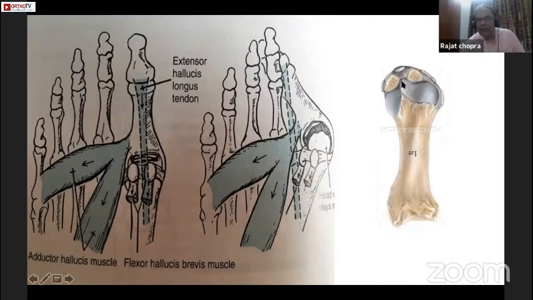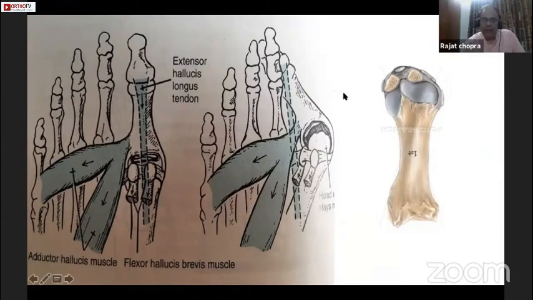You can see a bony separation for the two sesamoid bones, and this is called the cresta. It keeps the two sesamoids separated from each other, but it also keeps them in place, because there is a ligament keeping the two sesamoids together, and the cresta is keeping the sesamoids in place underneath the head of the first metatarsal.